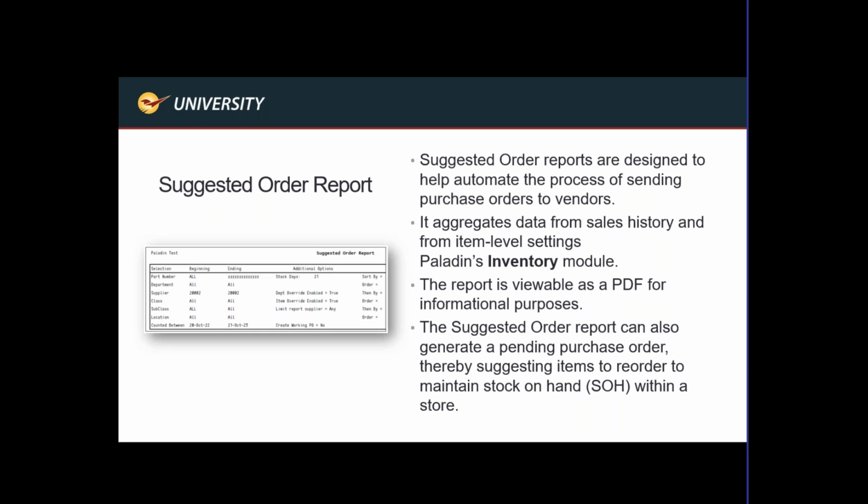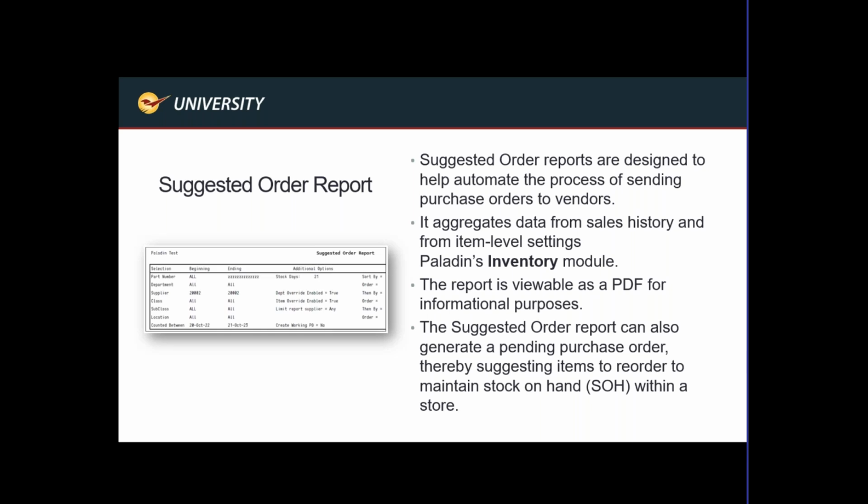If you say yes, Paladin is going to go through, look at your suppliers on each item, look at their costs, and then it's going to split this purchase order so that it generates multiple purchase orders by supplier based on lowest cost. This uses that Order Analyst previously to do so.